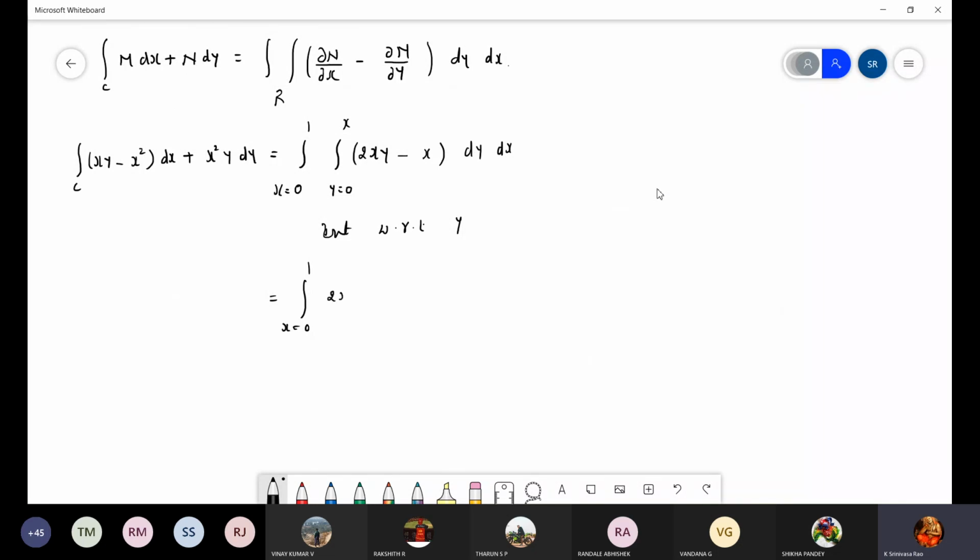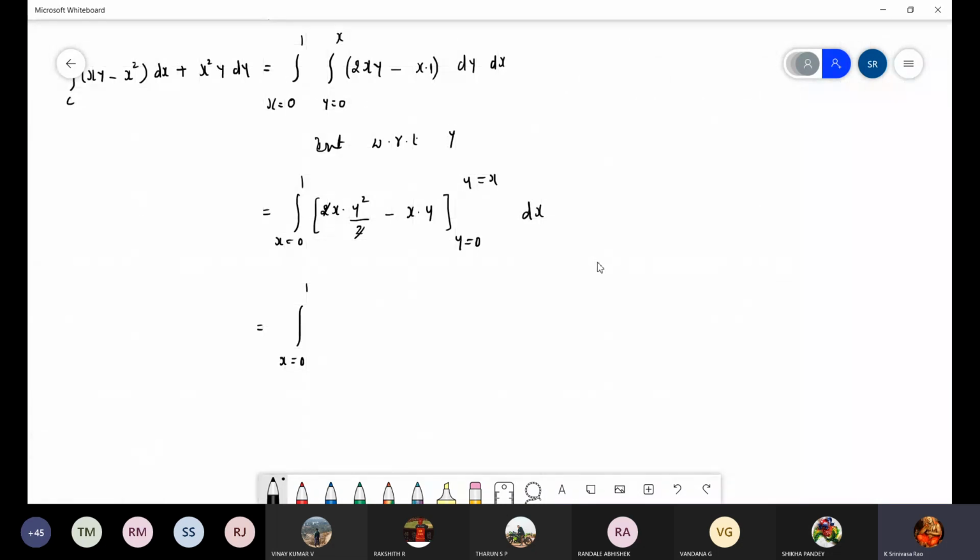Keep 2x as it is; the integration of y is y²/2. Minus x, keep as it is, and the integration of 1 is y. Substitute the limits y equals 0 and y equals x, and write dx as it is. Before substitution, the 2 and 2 cancel.